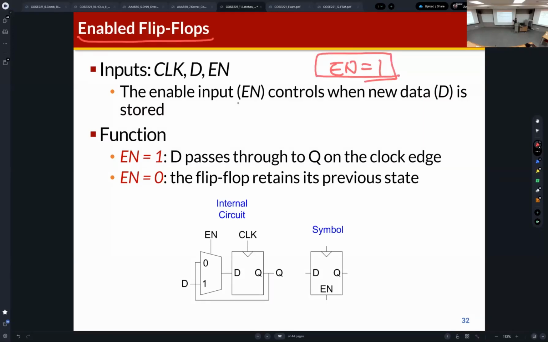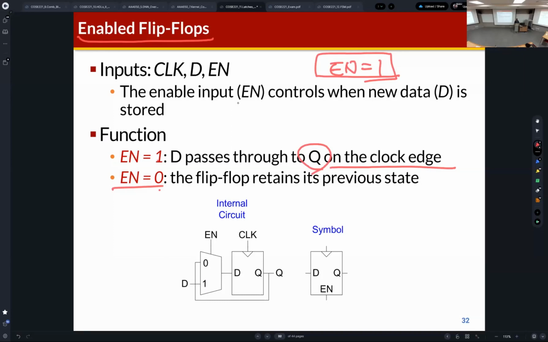This is the definition of the enabled flip-flop. So this is the function: if enable is 1, then D is transferred to Q at the clock edge. If enable is 0, then D is not transferred to Q.